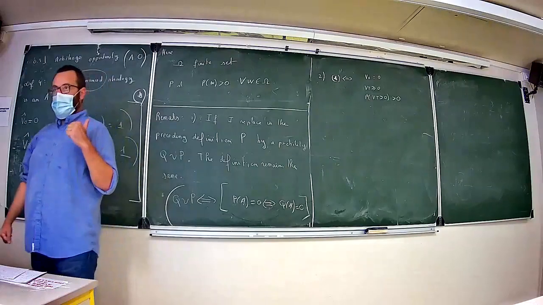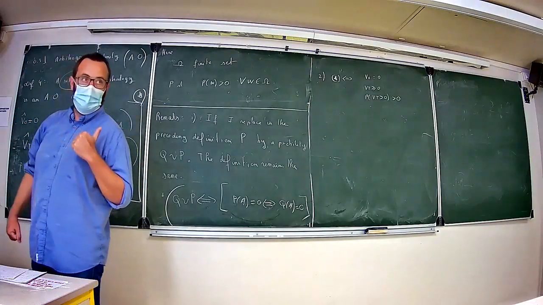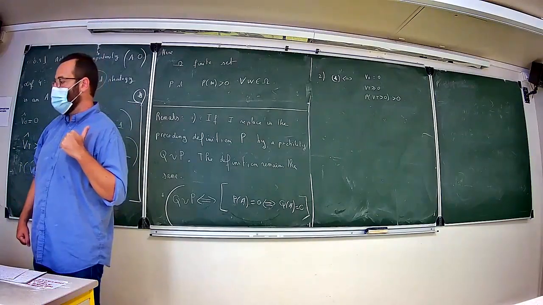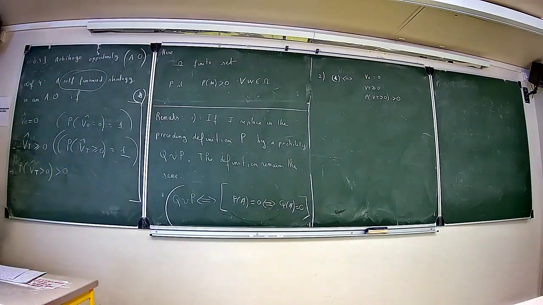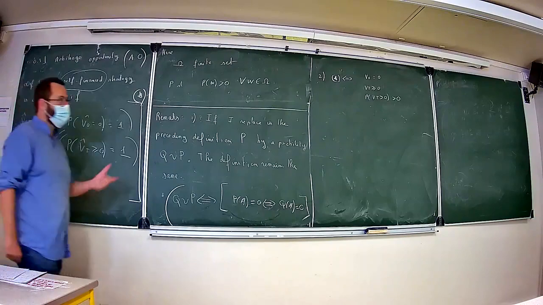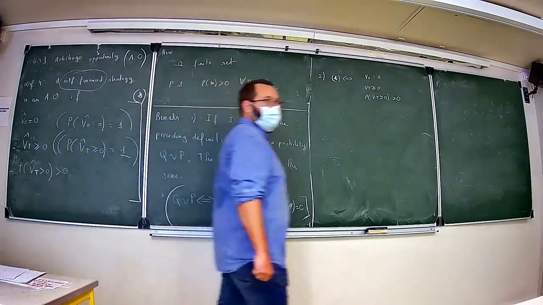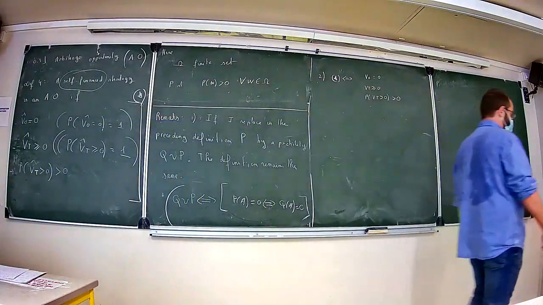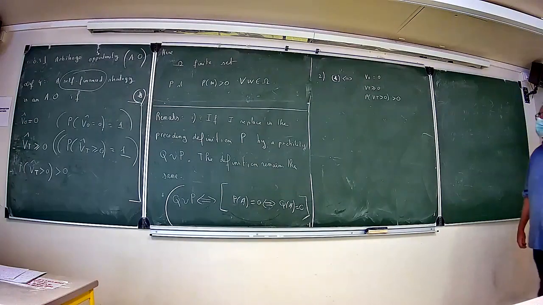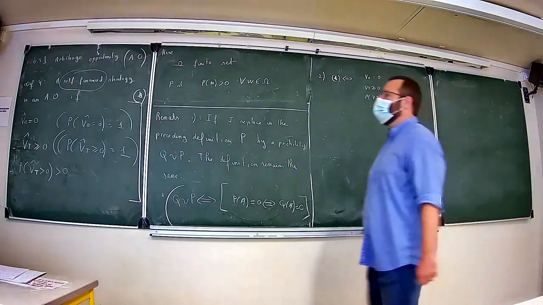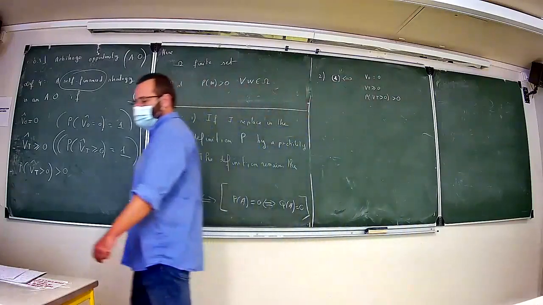I have this because I have supposed that the values of the non-risky asset are strictly positive. So I can express this condition with or without the discounted values. So I have an analogous definition using the discounted values.